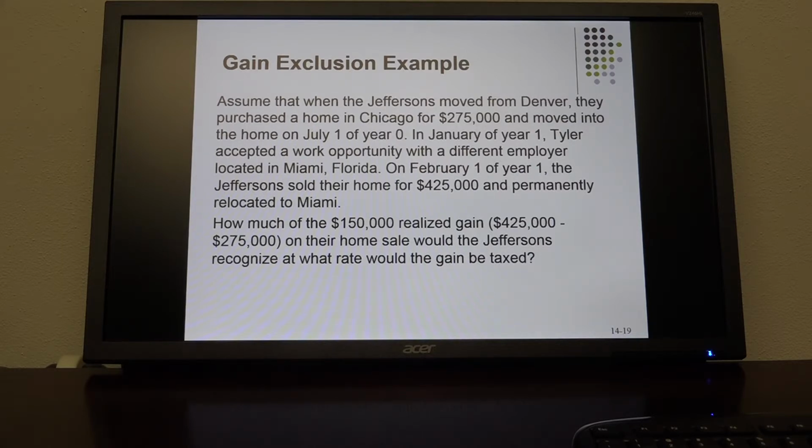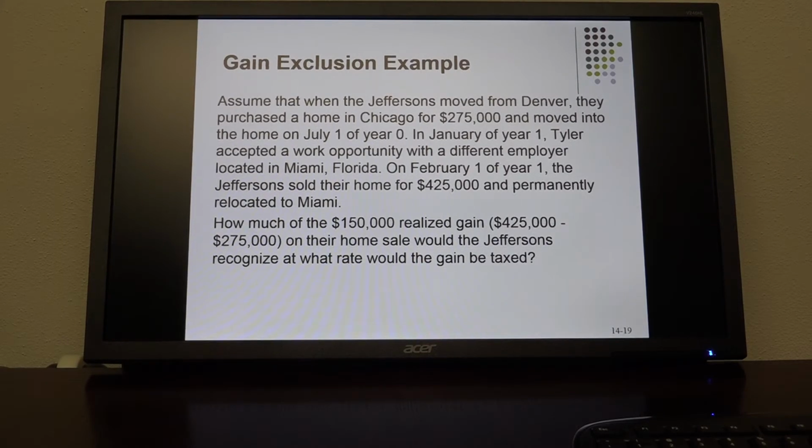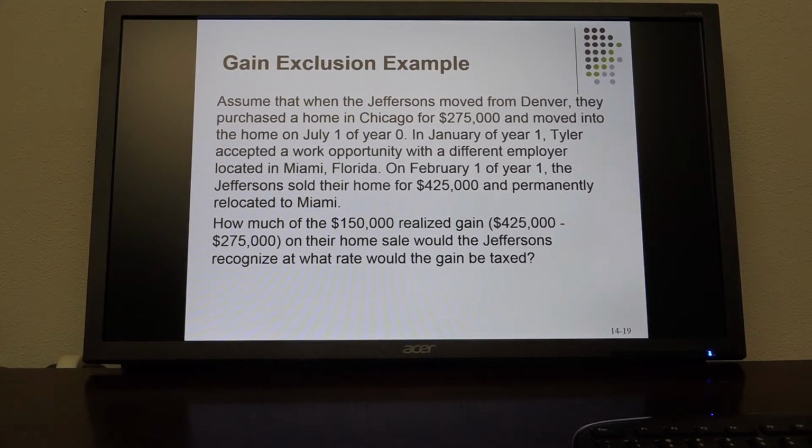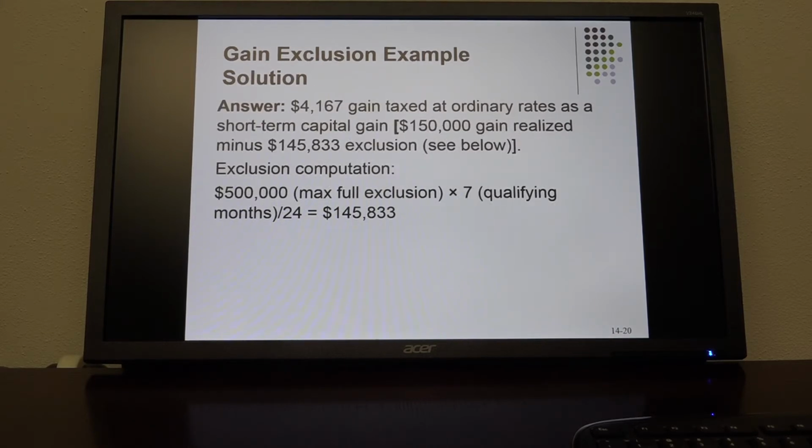How much of the $150,000 realized gain on their home sale would Jeffersons recognize? At what rate would the gain be taxed? I think that's two questions, but anyway. Well, I think what they have here, they used it for 6 months, right? Excuse me, 7 months.